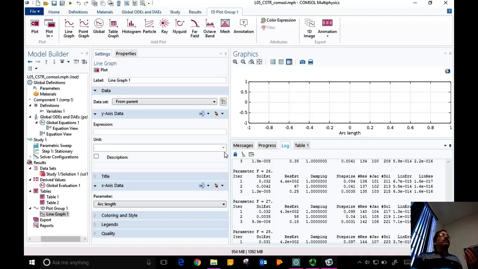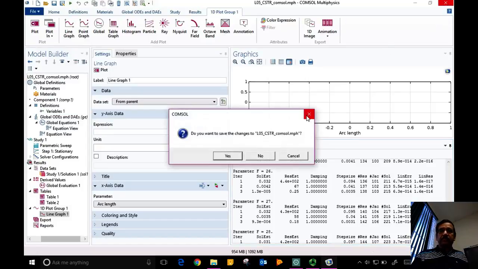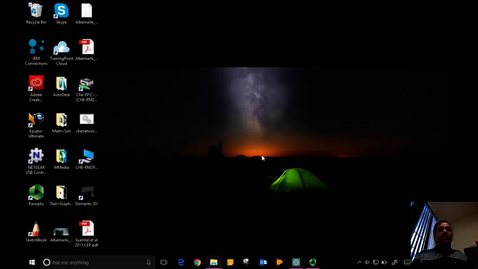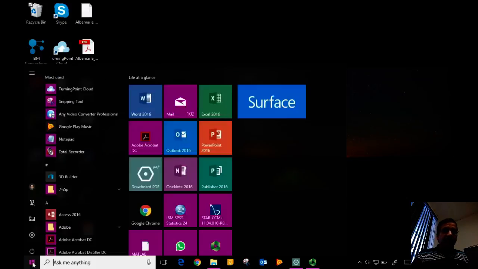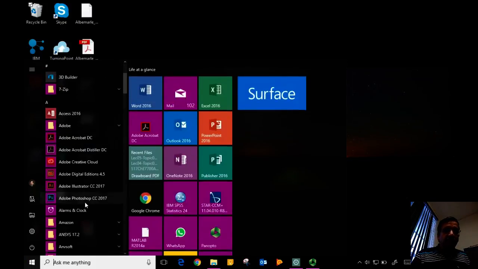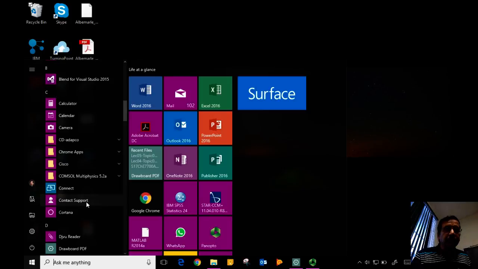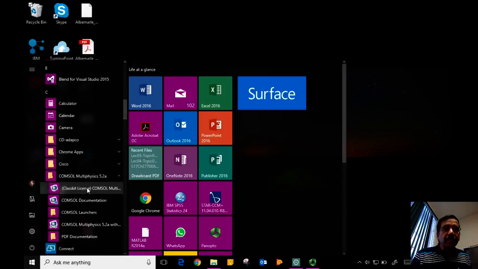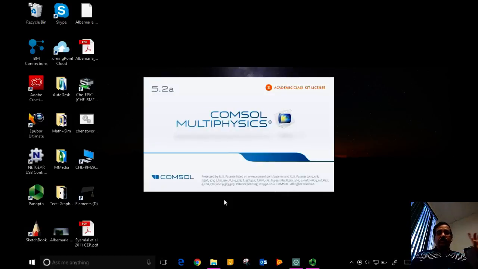Now, how do I solve a dynamical problem for this? I need to, I guess, close this, and when you're restarting it, you need to pick the right physics model, okay? So I'll just show that part, which physics, and then maybe the next class we'll try to continue to do the dynamical part in COMSOL.